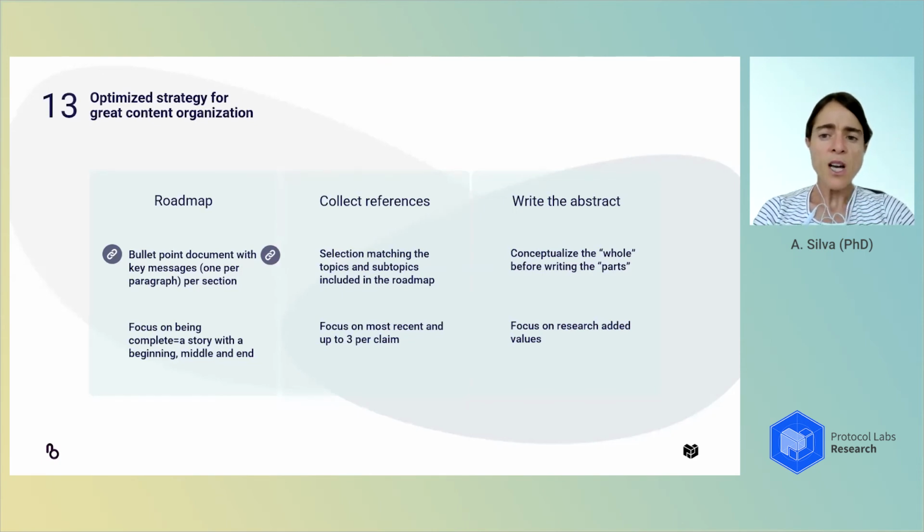So in the abstract, try to have this whole before you write the parts, and focus, of course, on the research added values, because this is where you have to sell the worth of the research and the impact of the manuscript, the paper per se, let's say.